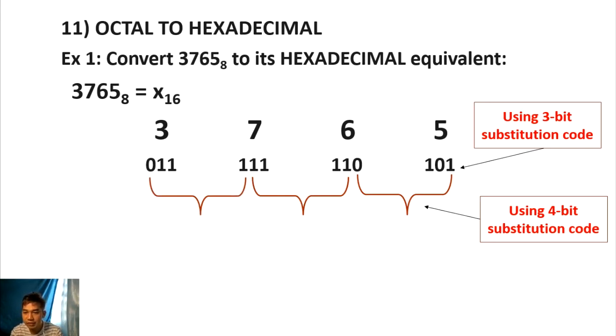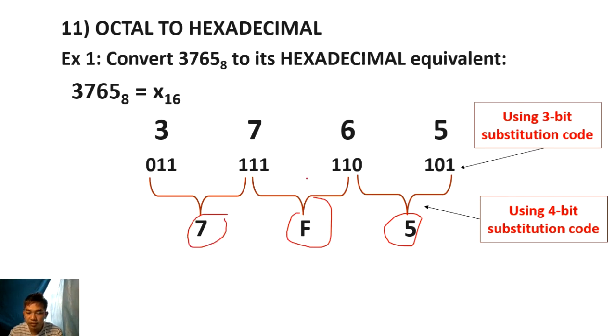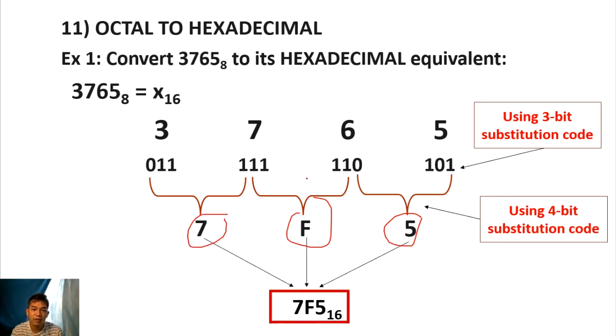Then, using the 4-bit substitution code, let's identify the equivalent. The first group from the right is 5, then we have F and 7. Then just merge them, and that would be our final result. So 3765 base 8 has the hexadecimal equivalent 7F5 base 16.